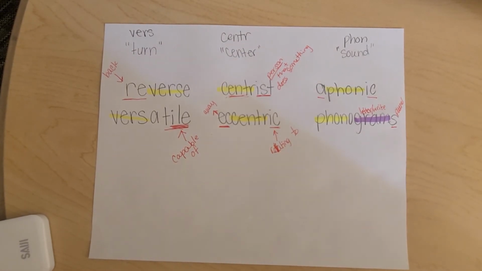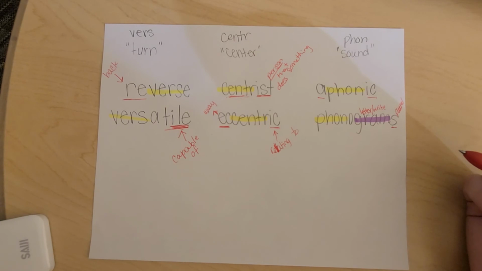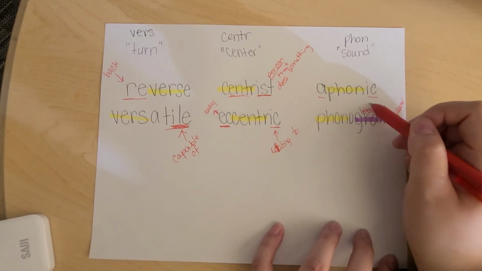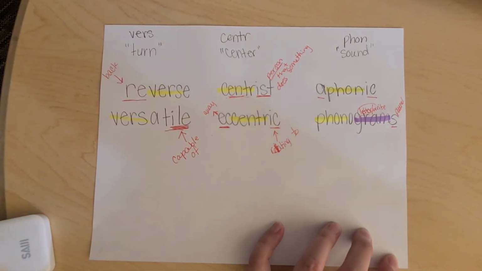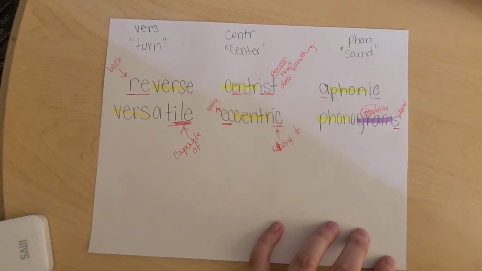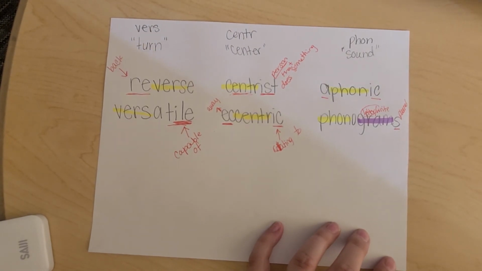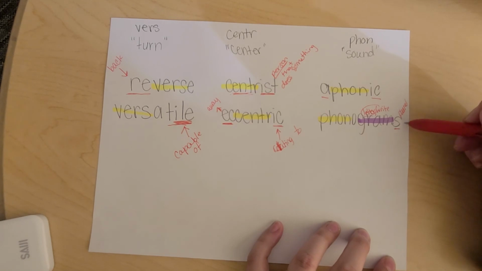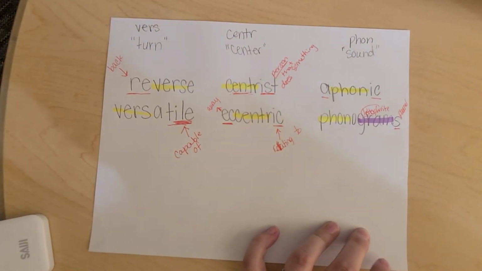But I think this really is more like the definition of symbols that stand for sounds. Phonograms are symbols, which could be represented by letters, possibly, or other symbols too, but symbols that stand for sounds. And because it's plural, we know it's more than one.